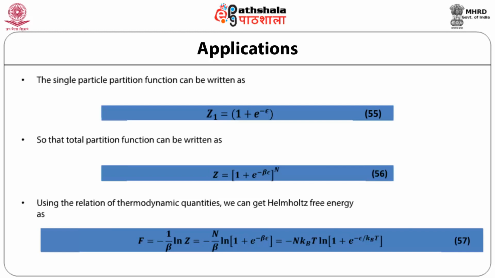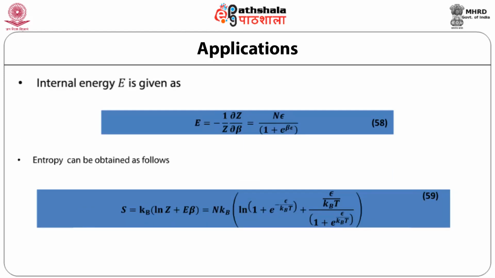Internal energy E is given as E equal to minus 1 upon Z, partial derivative of Z with respect to β, which is equal to Nε divided by (1 plus e raised to the power βε).